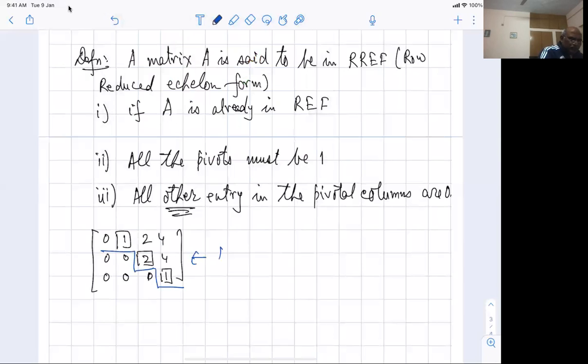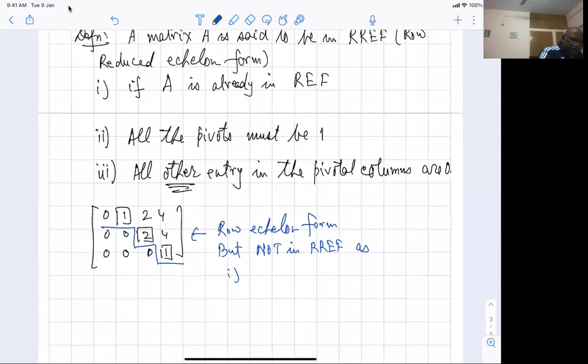So this is in row equivalent form, but it is not in RREF, as the first pivot 2 cannot be a pivot. So all the pivots must be 1.